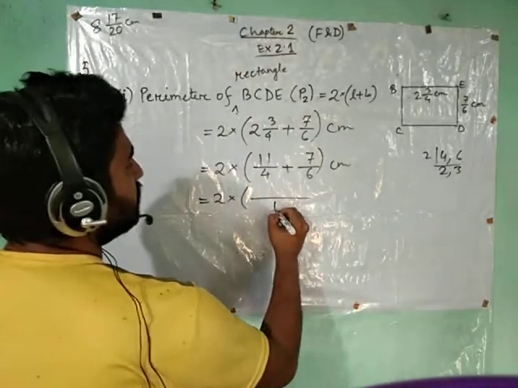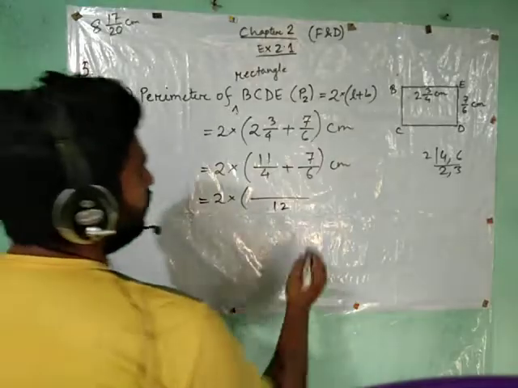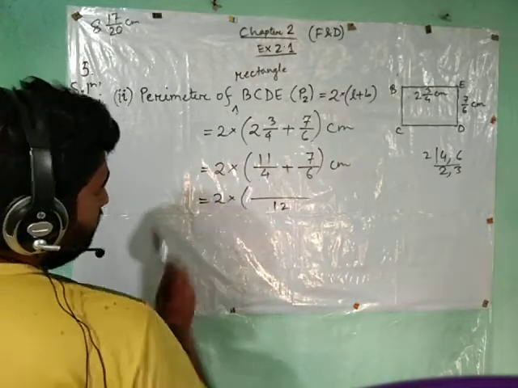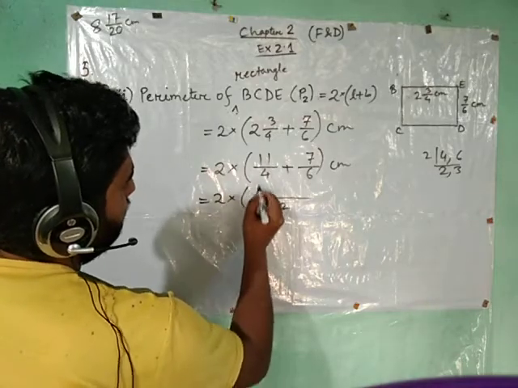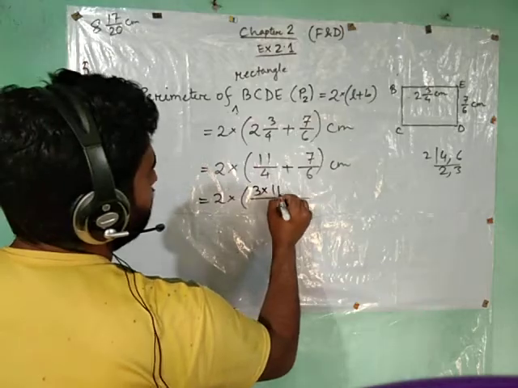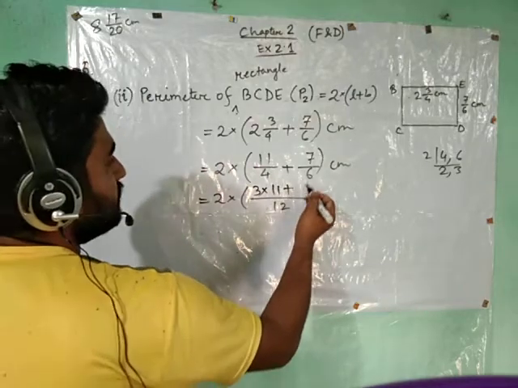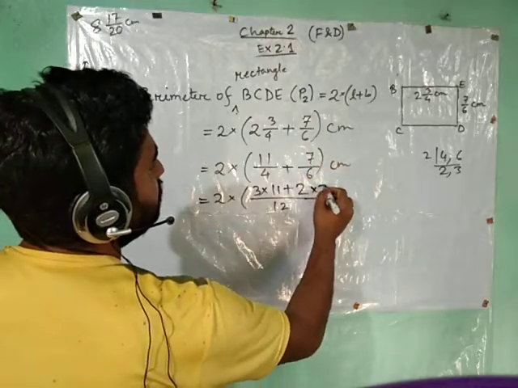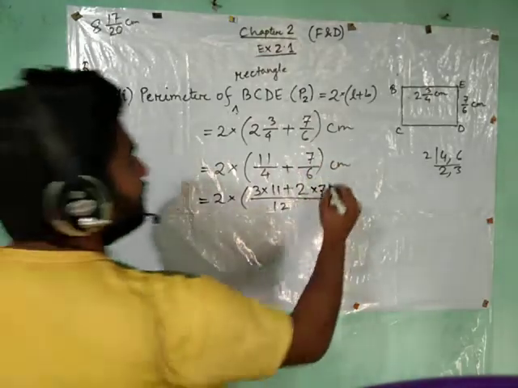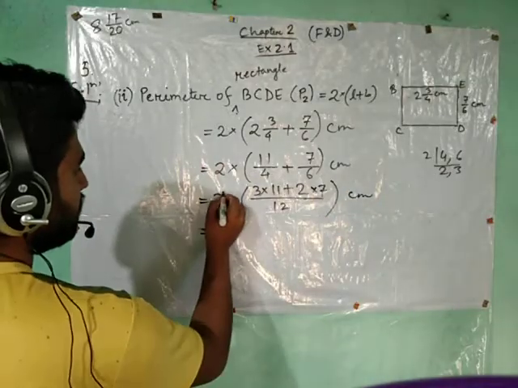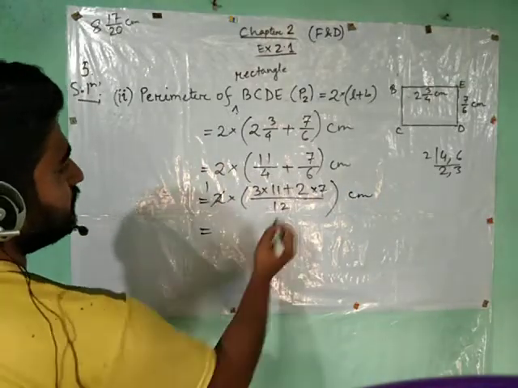So what will be the product? 12. So now this 12 should be divided by 4. If you divide 12 by 4, you will get 3. 3 into that 11 plus 6. 6 2s are 12 into 7, right? Centimeter will be here.